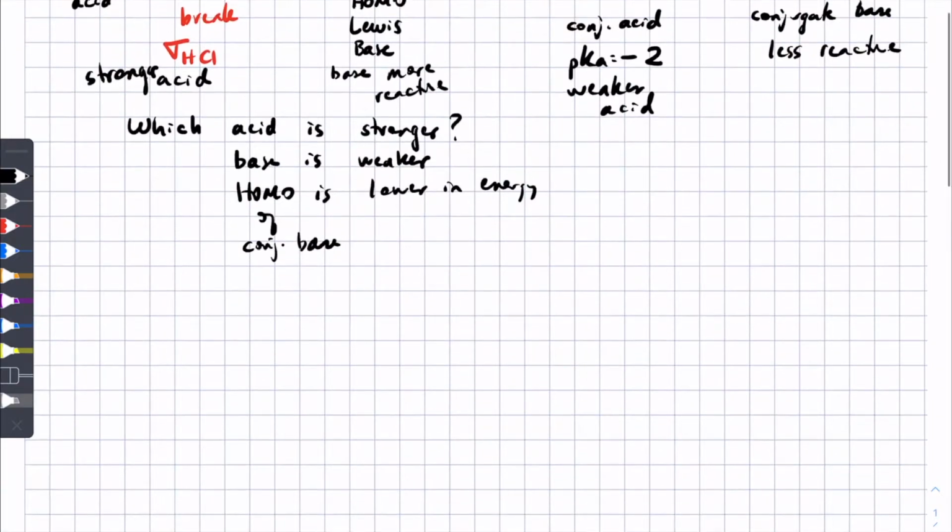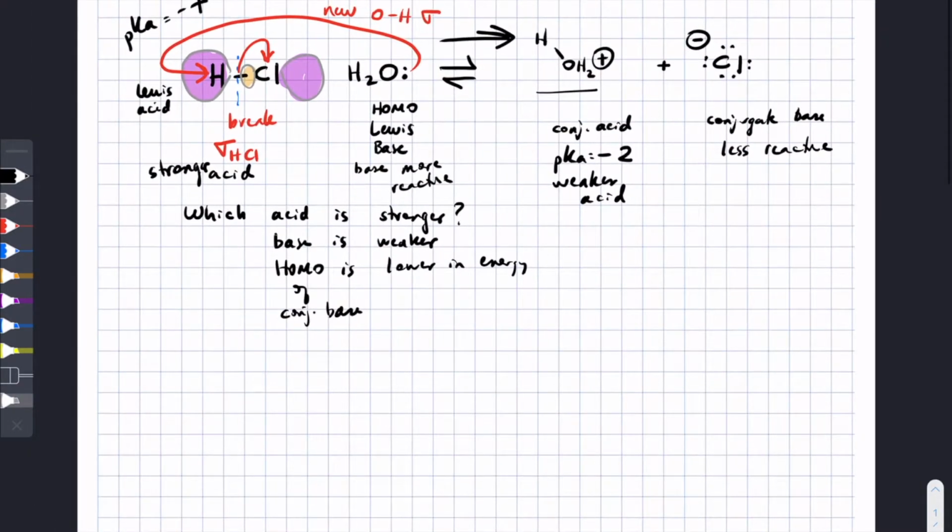Otherwise it would dissociate completely. Okay, good. So the reasoning is that a strong acid is strong because its conjugate base is very stable on its own.